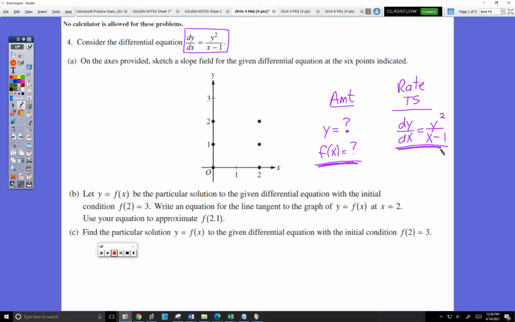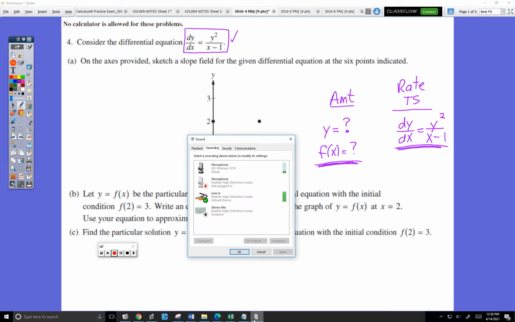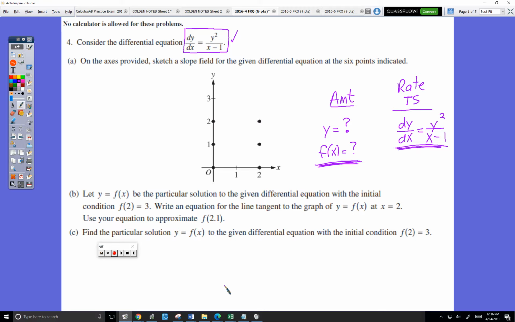Now, they haven't asked us to do any of that, but that's just an overview of what they mean by differential equation. So, on the axes provided, sketch a slope field for the given differential equation. This formula calculates the slopes of this formula.